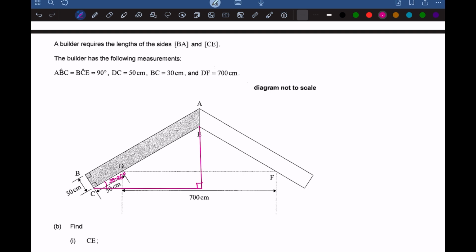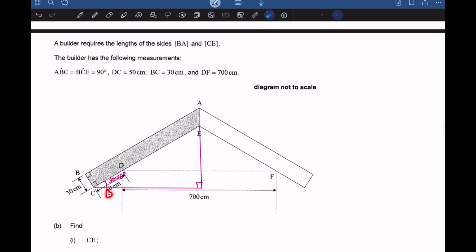Now if I look into this smaller triangle, this length is 50, this angle is 30.26, so I can find this length B, which is the base length. In this small triangle I can say cos 30.26 is B over 50, and from here B would be 50 cos 30.26. This is 43.2 centimeters. So just this much length is 43.2 centimeters.